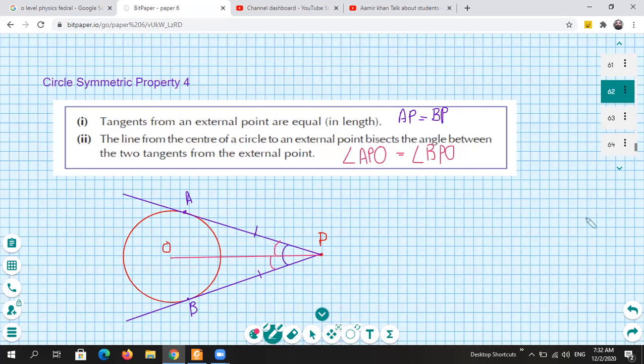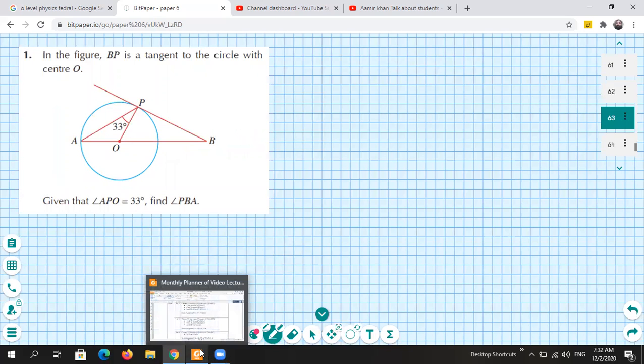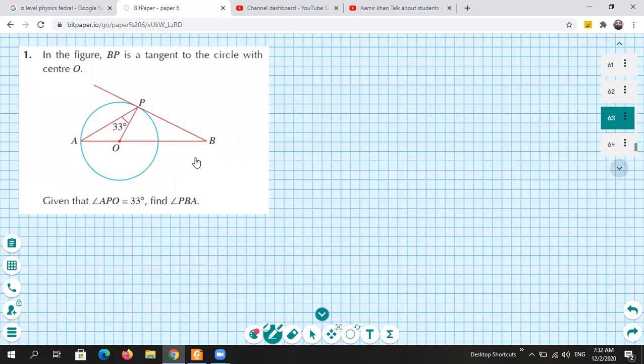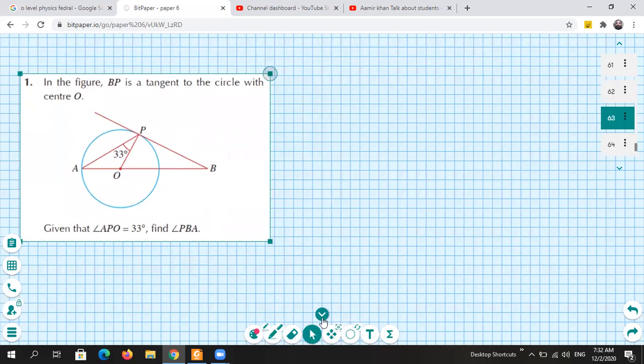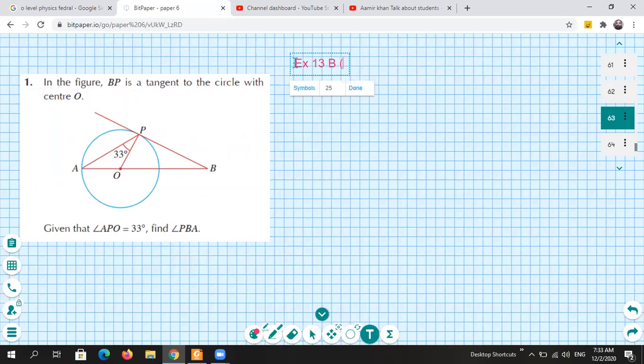Now we will apply these two properties on the questions of exercise 13b. So this is the first question of exercise 13b. I'm writing the exercise 13b of your D3 book.